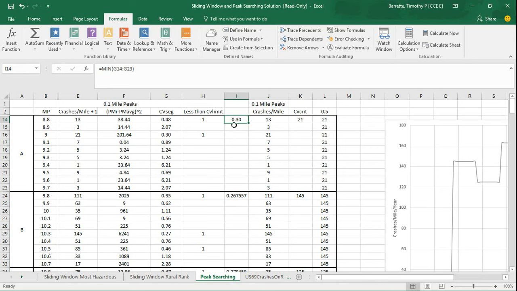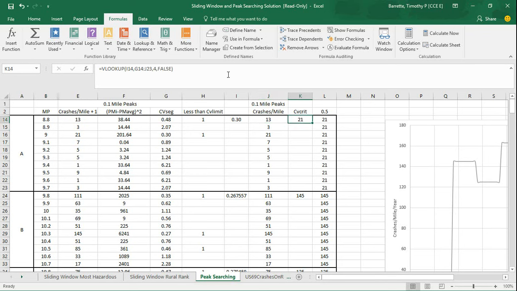Now, what I've done here is I've copied over the crashes just to facilitate the use of a VLOOKUP command. So you can see here, I'm identifying that minimum value with just a minimum function in Excel. These values just copy over that performance measure.